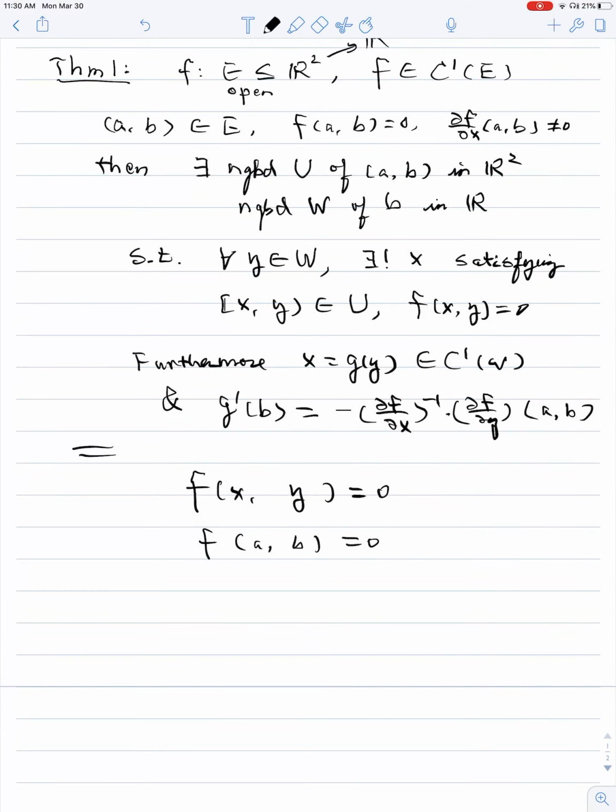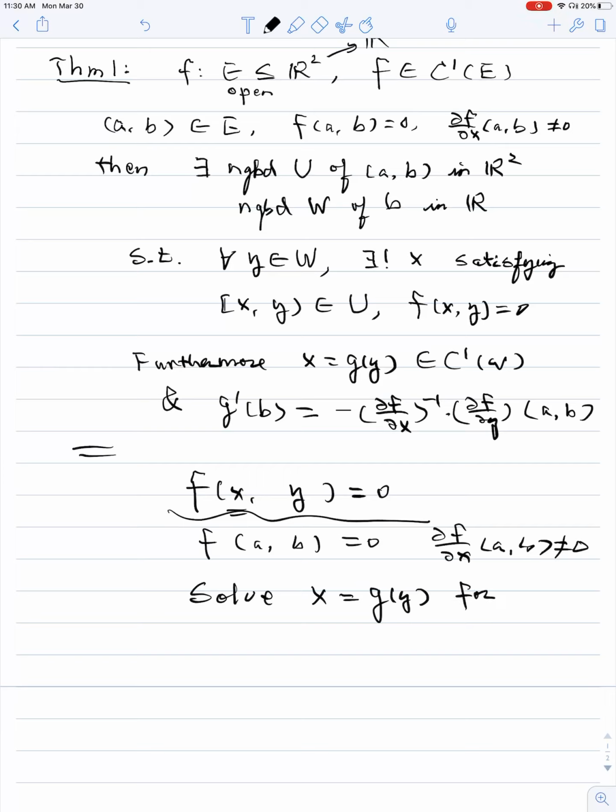This theorem tells us that if the partial derivative of f with respect to x is non-zero, then we can solve this implicit equation. We can solve x in terms of y for (x, y) near the point (a, b). So this is what the theorem tells us.